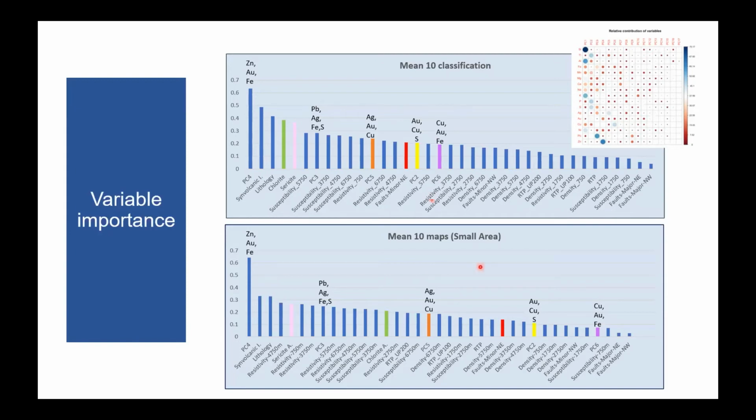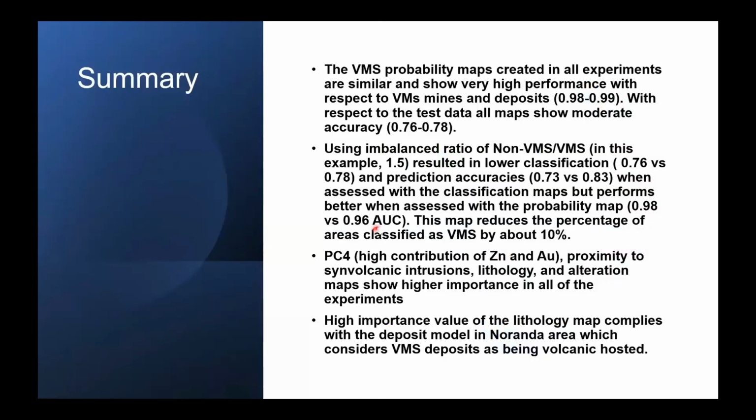So the study area should be selected properly. And as a summary, the VMS probability maps created in all experiments are similar and show very high performance with respect to VMS mineralization and deposits.